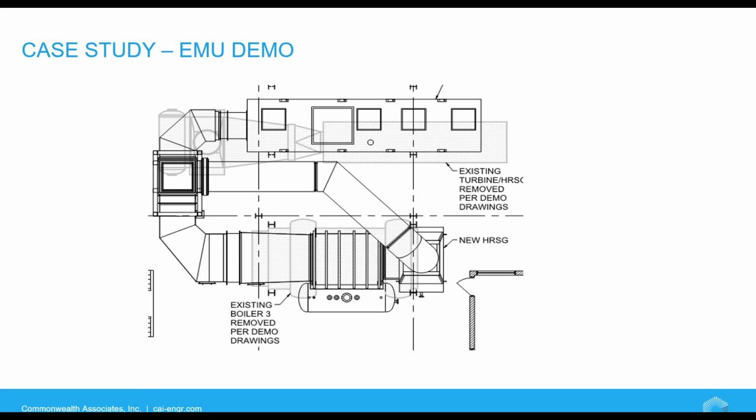You know, the HRSG would have ended up outside. In the end, boiler 3, north of the 2 other boilers, was demolished to make way for the new HRSG, and the new CTG was placed in the old combined location. This configuration required additional ductwork and also a modification to the exhaust stack. Again, the 2 remaining boilers were able to provide steam throughout the project to the campus while they did this work.